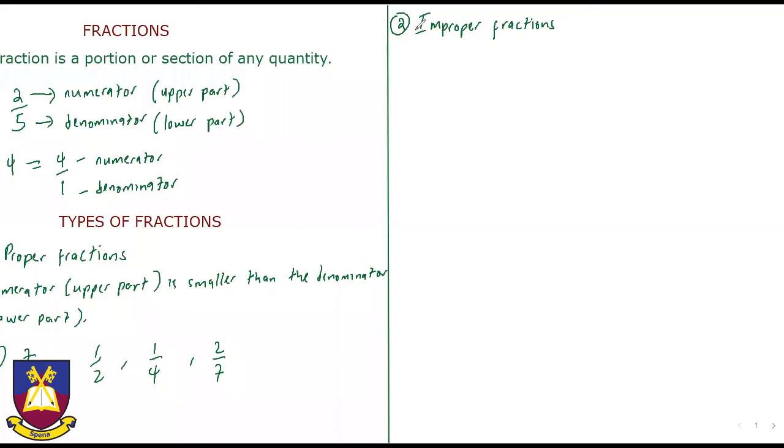The second type is what we call an improper fraction. Now, a fraction is improper if the numerator, which is the upper part, is bigger than the denominator, which is the lower part.